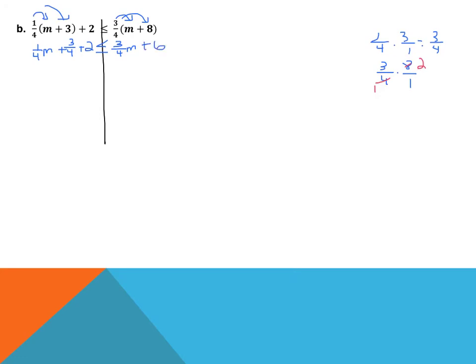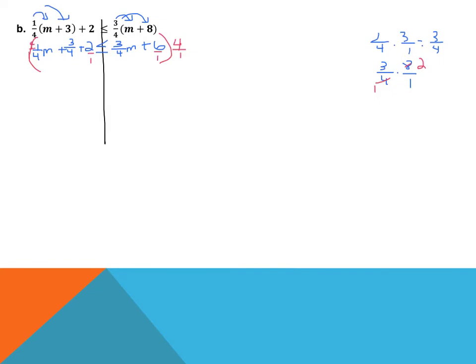Okay, and so at this point I may want to go ahead and clear the fractions. So I'm going to multiply everything on both sides by the common denominator, which is 4. So this is like multiplying by 4 over 1, and I'm multiplying it on both sides.